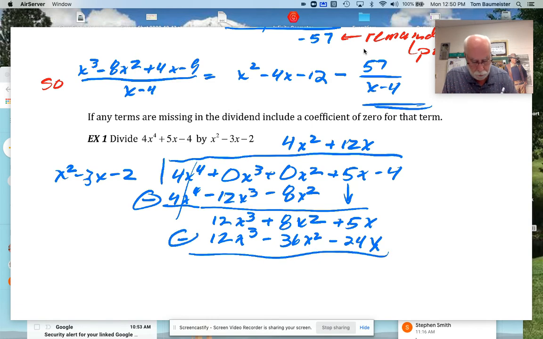And again, I'm subtracting that. First term goes away. 8x squared minus a negative, so plus 36x squared is 44x squared. Then I have 5 plus 24, which is plus 29x. And then I can bring down the minus 4.